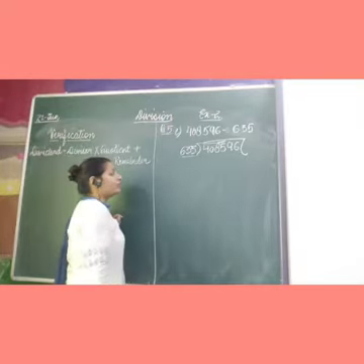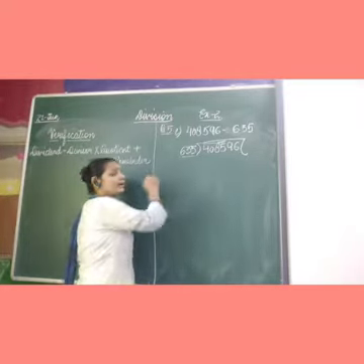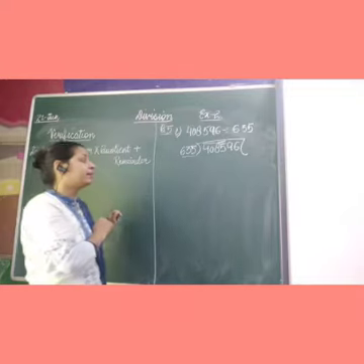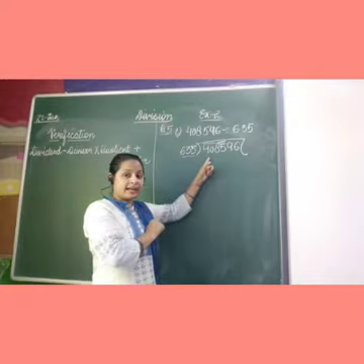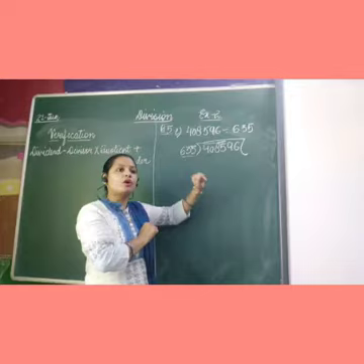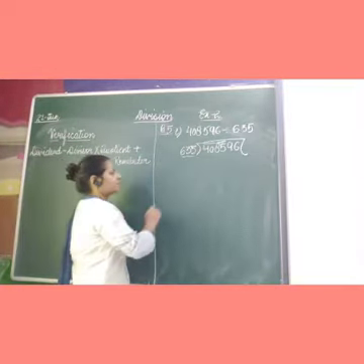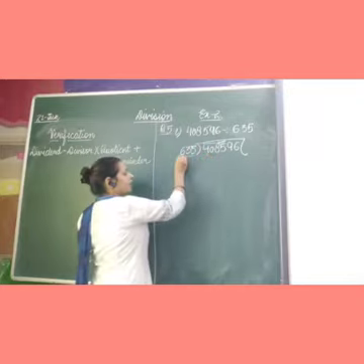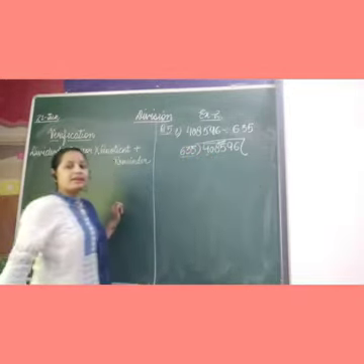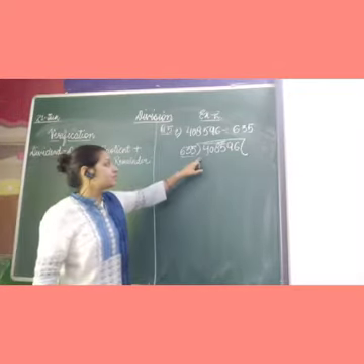Now, how will we come to know what number should be multiplied by 635 to get 4,085 or a number smaller than 4,085? For this, we will take one digit from here and divide it by one digit from the divisor. But again, 4 is smaller than 6.